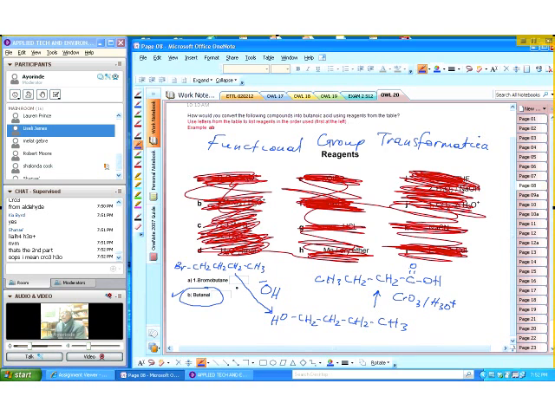So the answer is you go from the alkyl bromide, you form the primary alcohol by SN2 displacement using hydroxide, and then once you form the primary alcohol, you oxidize it to a carboxylic acid using chromium trioxide.